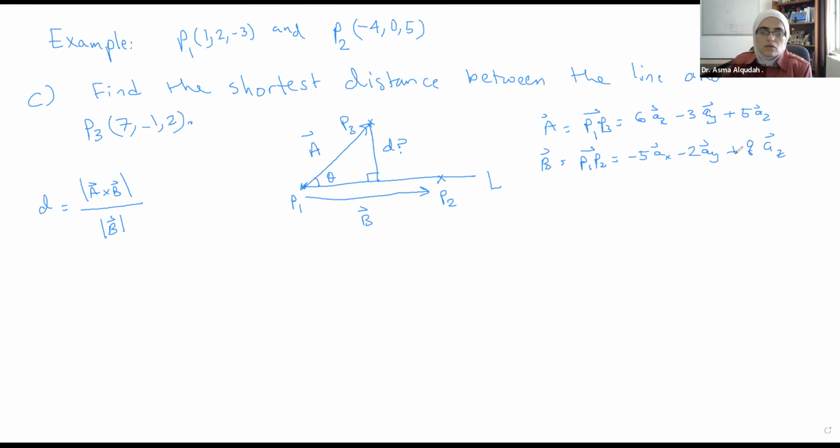Now we have the 2 vectors, we can find the cross product. So A cross B is equal to 6, minus 3, and 5, and then minus 5, minus 2, and 8.